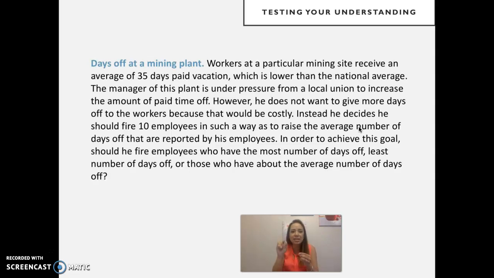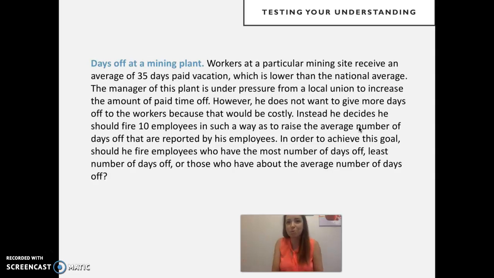He needs to leave in his workforce employees that have a higher number of days off, correct? Because that will pull the average up. So in order to achieve this goal, he should fire employees who have the least number of days off, right? Because then the distribution would be skewed towards employees with higher numbers of days off.